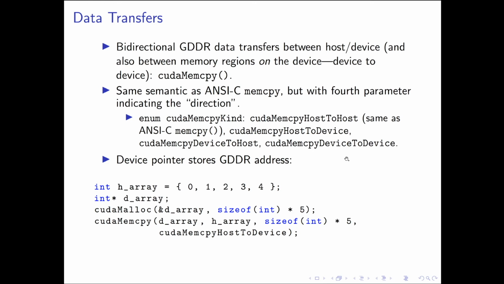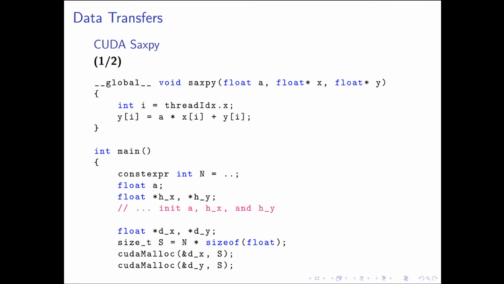When I use CUDA memcopy device to device, and assuming that I only have one device, so that I stay on this device, it can be extremely fast, because this doesn't involve any host copies of the data, but it will just copy from one memory region to the other in GPU DDR memory. And the semantics of that function call are very similar to those of the NVCC equivalent memcopy, only that I have to pass this flag here that allows me to specify the direction of the copy.